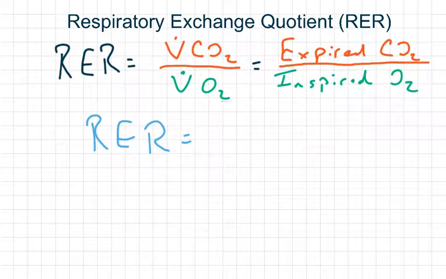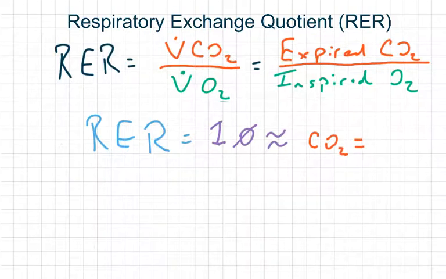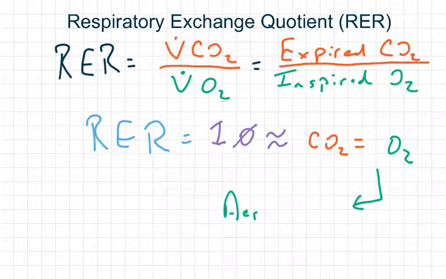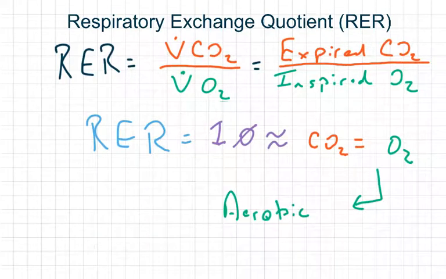And what we see when someone is running at a steady state lactate threshold is their RER equals 1.0. And what this means is the expired CO2 is equal to the inspired O2. So we're still aerobic at this point. However, we're getting close to the upper portion of the aerobic pathway.